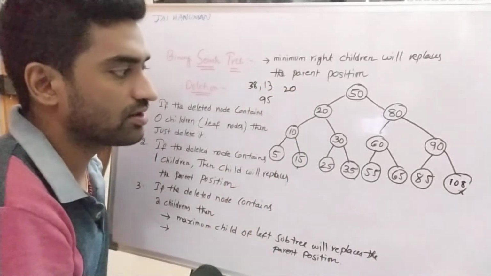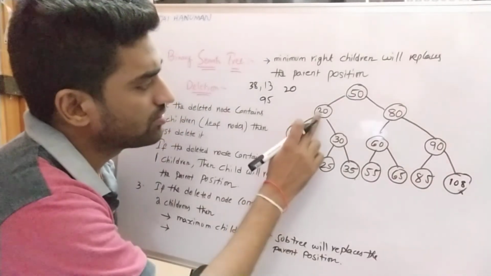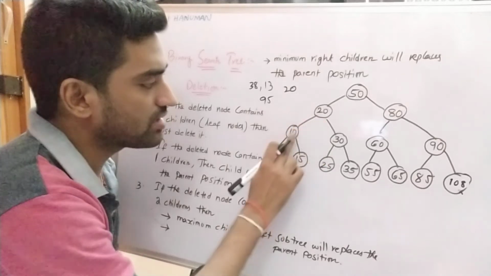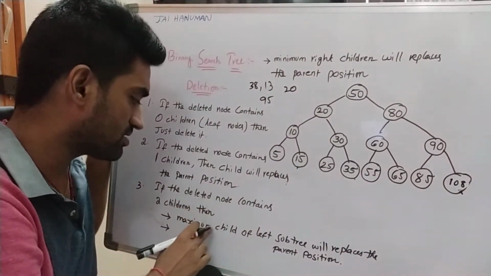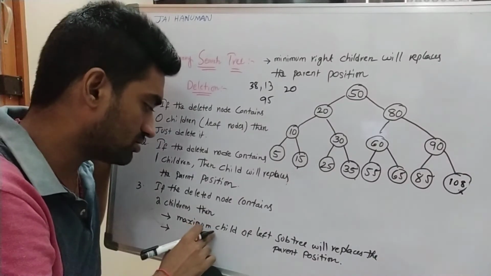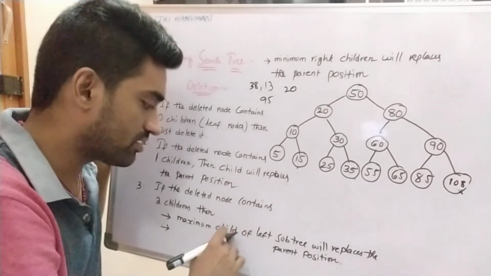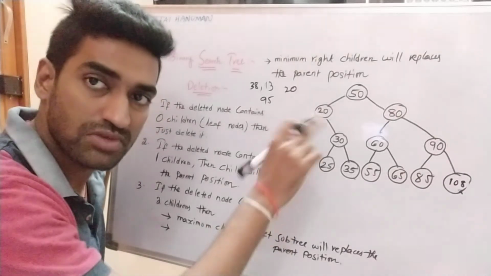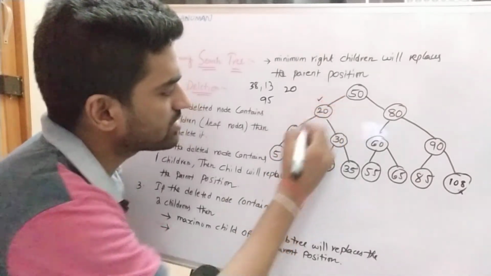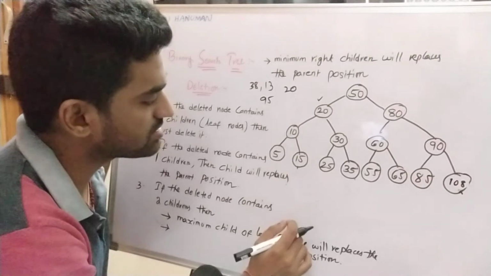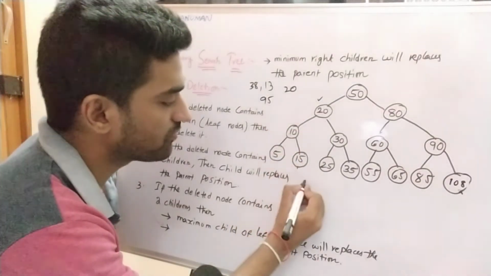Then I want to delete 20. This is a node which contains two children, so this is the third possible case. In this case, you have to replace it with the maximum child of the left subtree or the minimum child of the right subtree. For 20, what is the maximum value in the left subtree? 15.